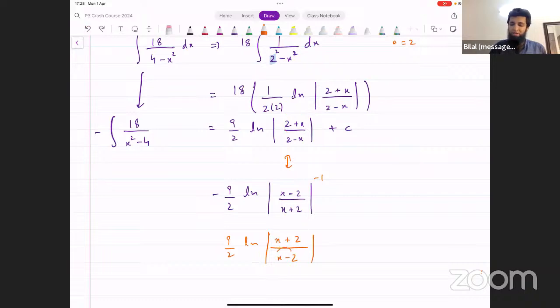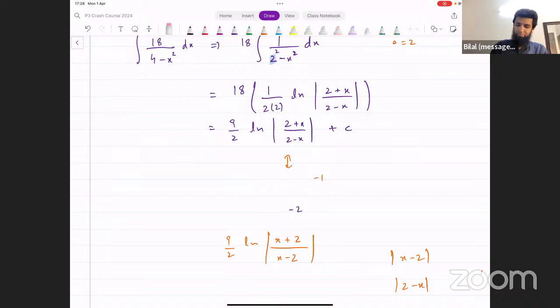In the denominator, you have x minus 2, they have 2 minus x, but it doesn't make any difference because there's a modulus. And modulus of x minus 2 is the same thing as 2 minus x, because even if one of them is negative, the modulus makes it positive, right? So it's the same thing. So yes, you could do it like that as well by taking negative common outside, and that will also be acceptable. Make sense? Okay, sir.